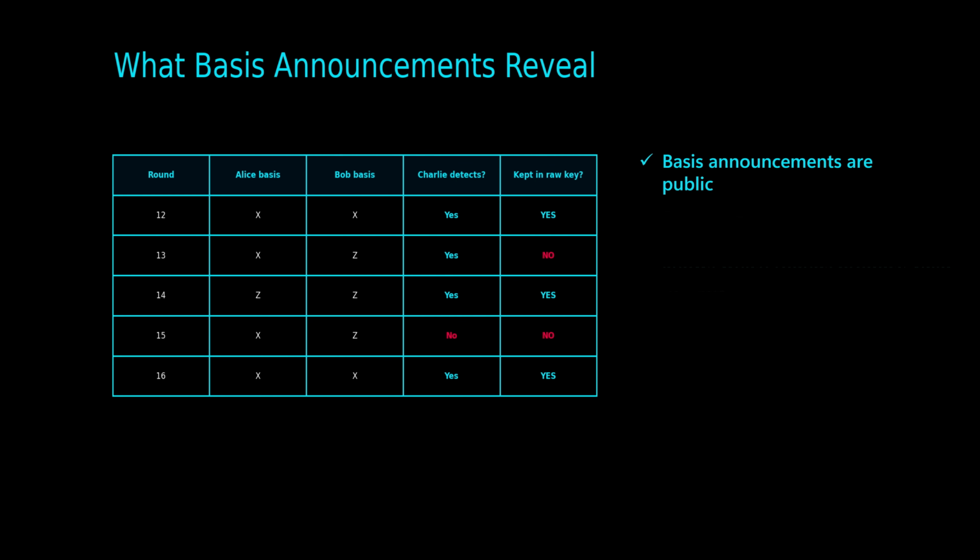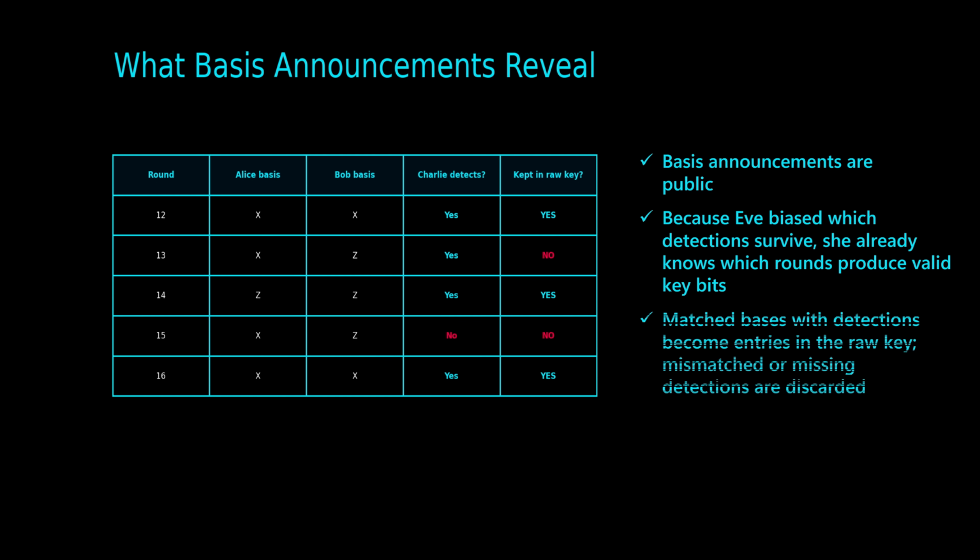In this matrix, we look at what the public basis announcements reveal once Eve has already biased which detections survive. Each row in the matrix represents a different transmission round, showing the basis Alice used to prepare her qubit, the basis Bob used to measure it, whether Charlie recorded a detection event, and whether that round becomes part of the raw key after sifting.